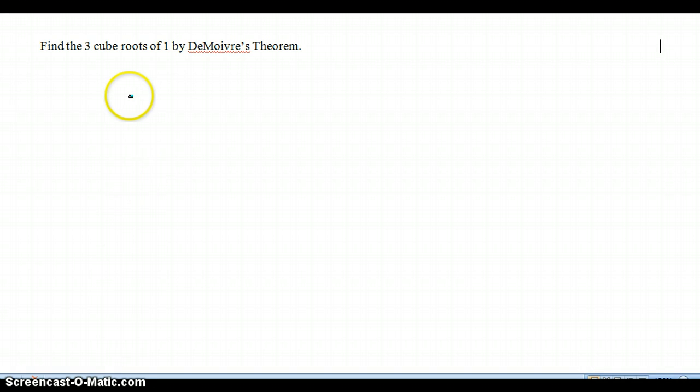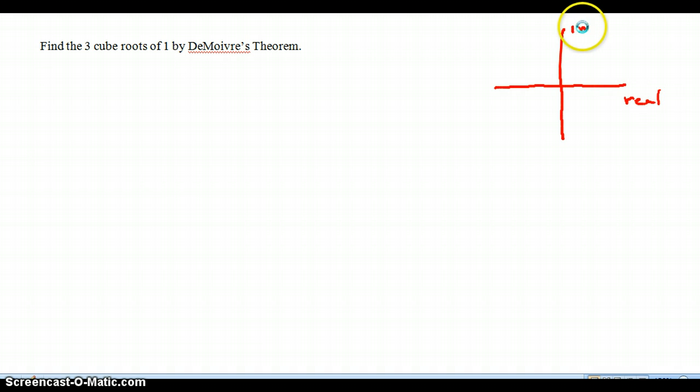We're going to find the three cube roots of positive 1 by DeMoivre's theorem. Now, there's a way, and I've seen it quite a few times, so my mind goes to the real and the imaginary plane.